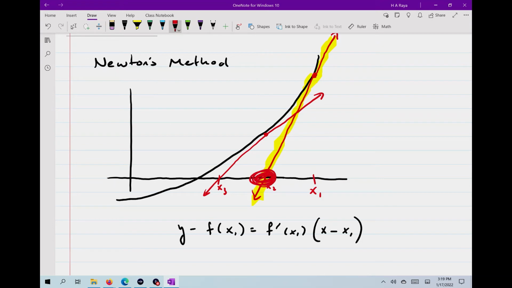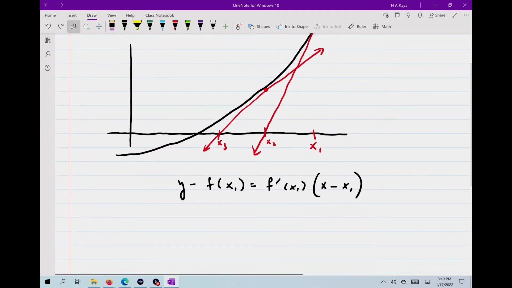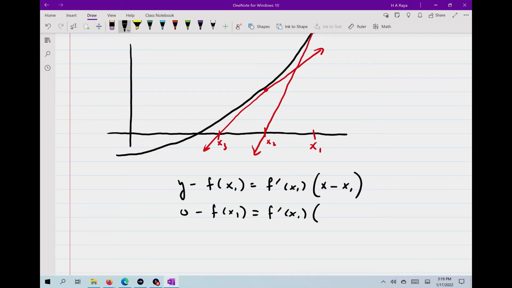Our tangent line intersects the x-axis at x2. So at x2, our y value would be 0, and our x value would be x2.